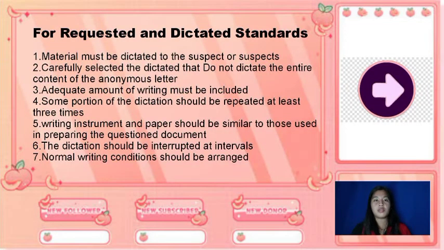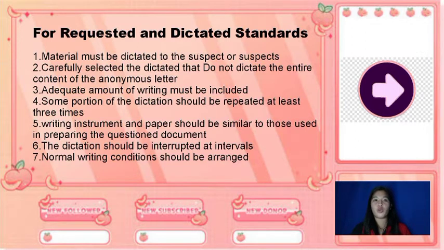So here are some procedures on how to get requested and dictated standards. First, material must be dictated to the suspect or suspects. Second, carefully select the dictation so as not to dictate the entire content of the anonymous letter. Third, an adequate amount of writing must be included.